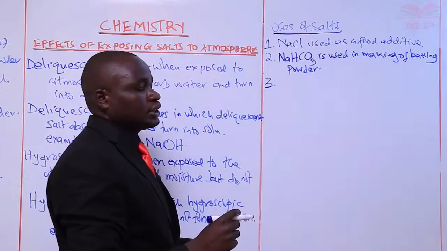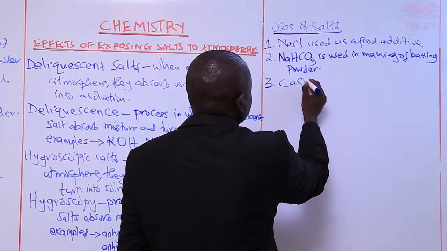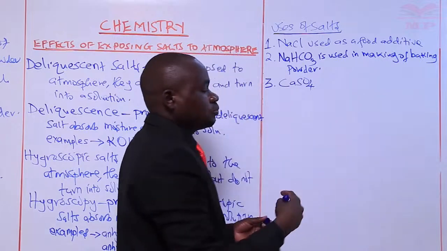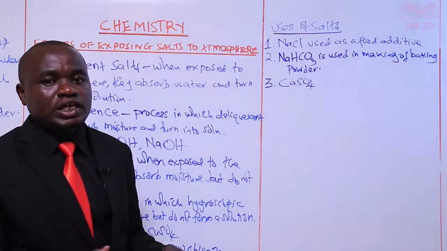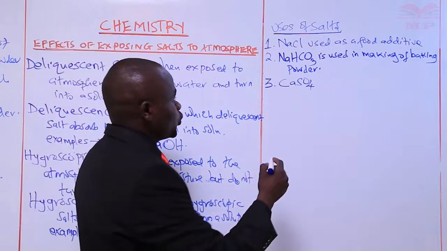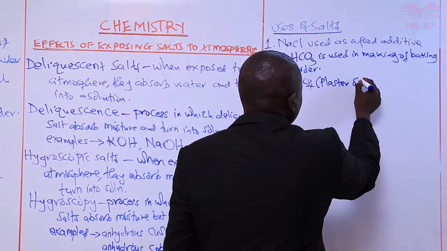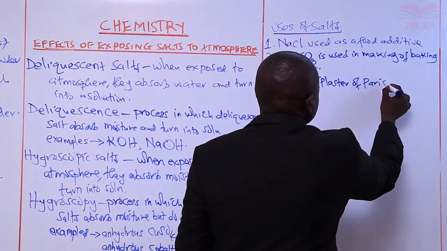Another salt that has its use is calcium sulfate. In hospitals, if somebody has a dislocated arm, they use calcium sulfate, which is otherwise called plaster of Paris.